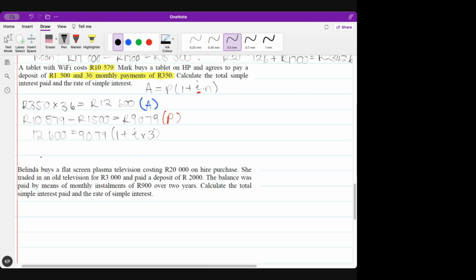Right, great. So let's get working. We're first going to divide by 9079 to get rid of that 9079. And I'm going to calculate. Stop blaming you guys. I must just calculate also. And this is 1.387818, which we're going to minus 1 from and divide by 3.